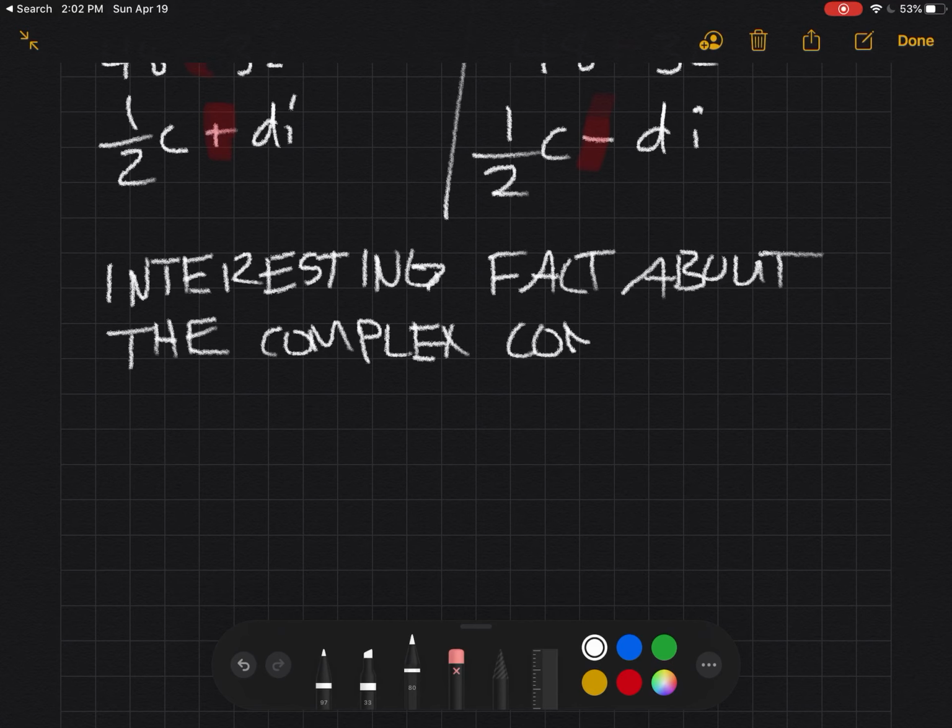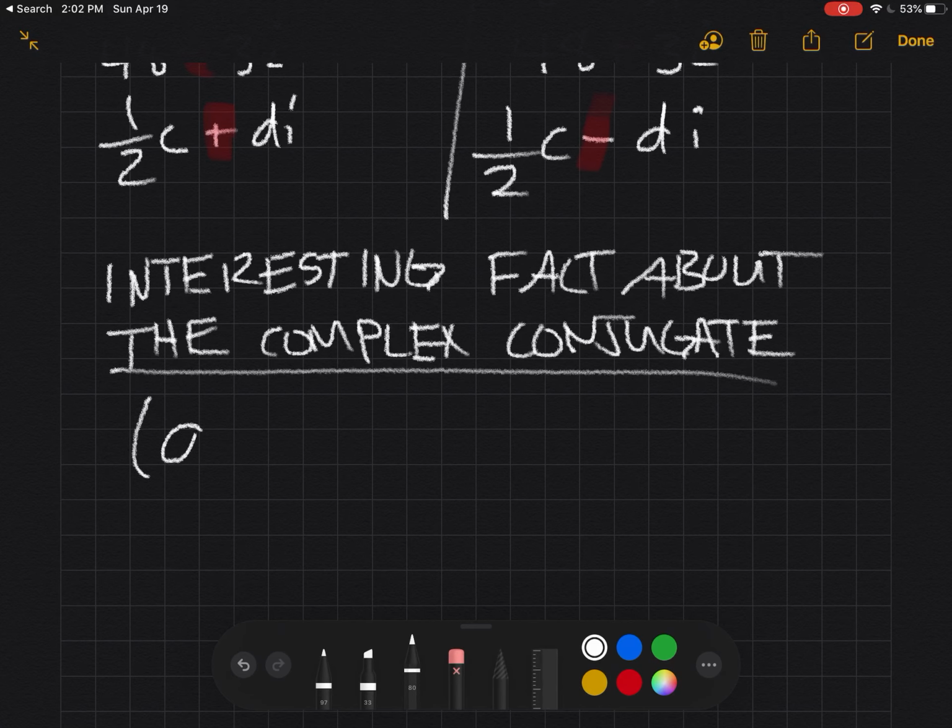So here is an interesting fact about the complex conjugate. Let's suppose I multiply them together.